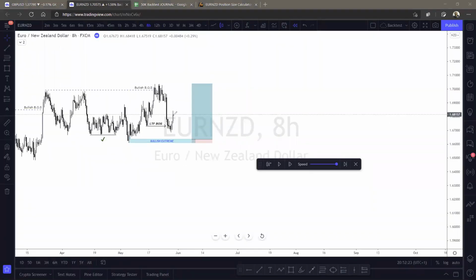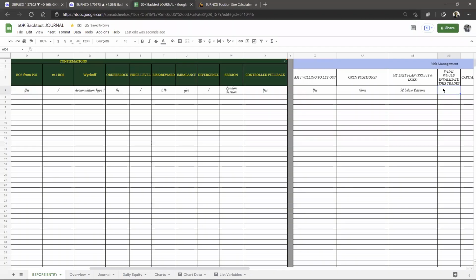Either price just goes down, number one, or number two, price goes and makes a new high, so price reaching TP without us, which then means this is the new low. So those are the two things. We'll put that in here. So it would be bearish break of structure and TP hit without entry.